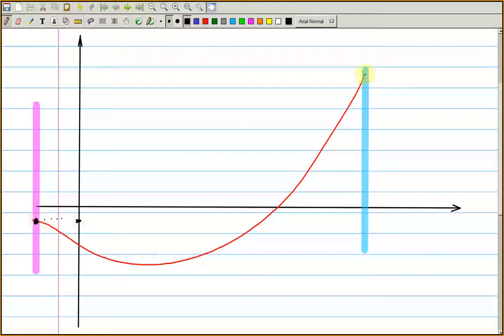And here we have another value for the function. It's a large positive value, right? Everybody see the two values?